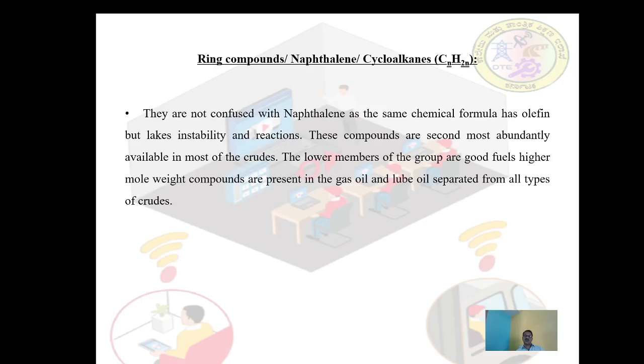These compounds are the second most abundantly available in most of the crudes. The lower members of this group are good fuels, and higher molecular weight compounds are present in the gas oil and lube oil separated from all types of crudes.